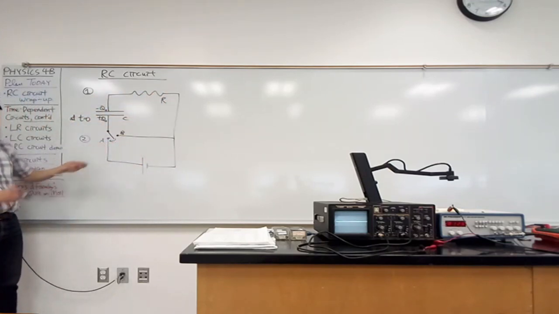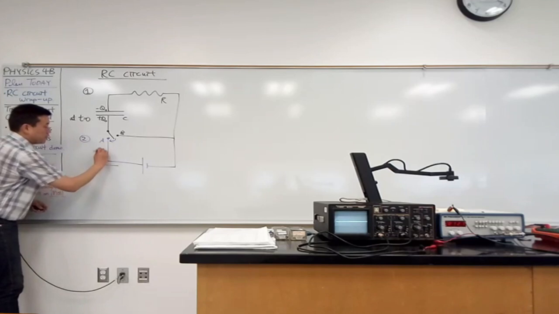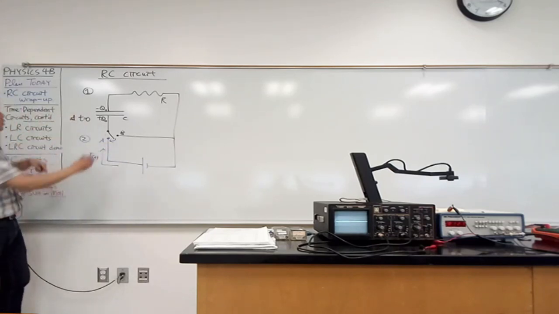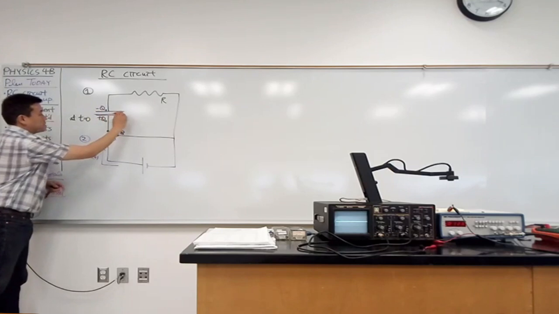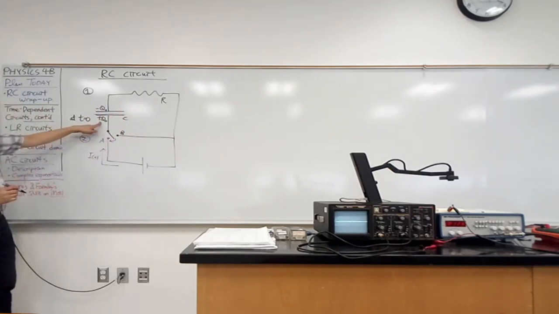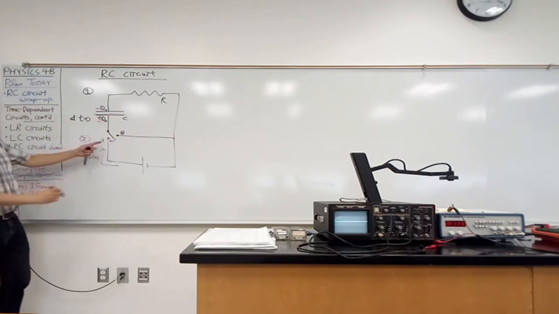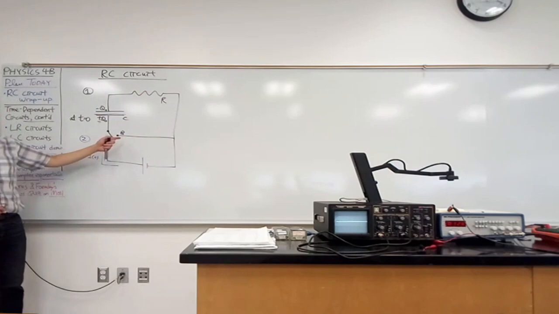When this switch is hooked up here, I have a current flowing this way. And the current will charge up this side of the capacitor with a positive charge, and will eventually result in this shape. Good? Yes.